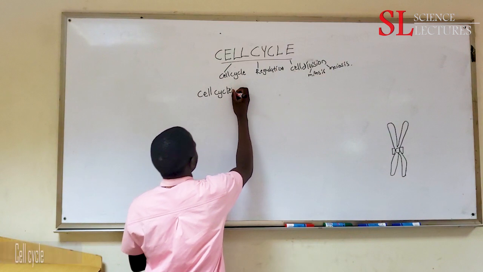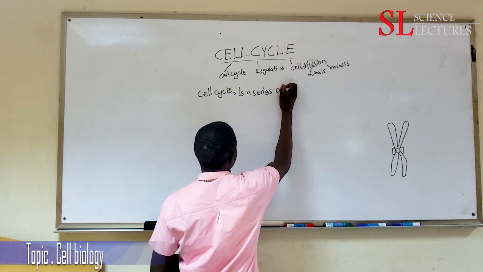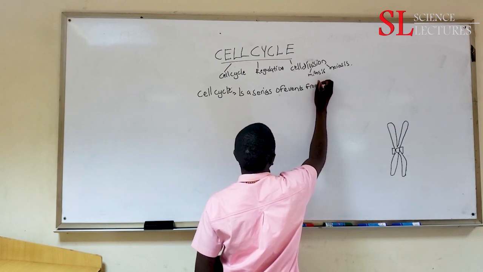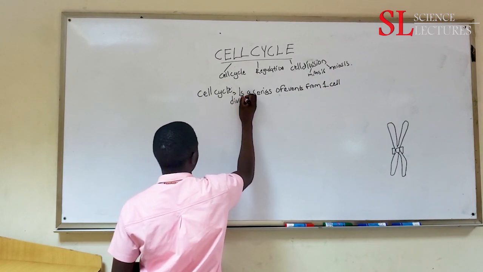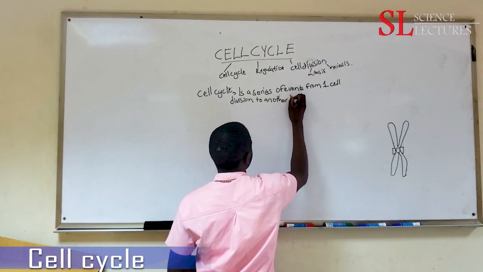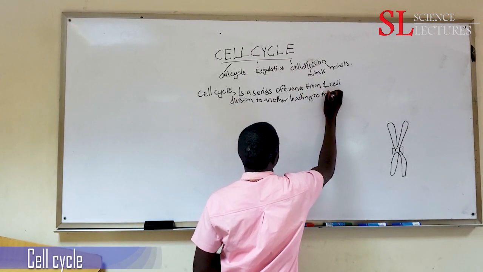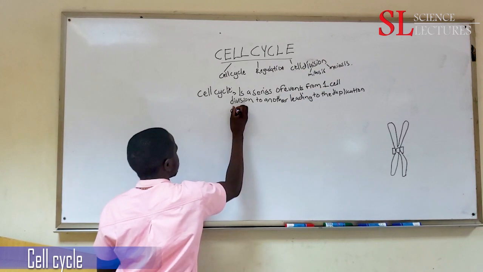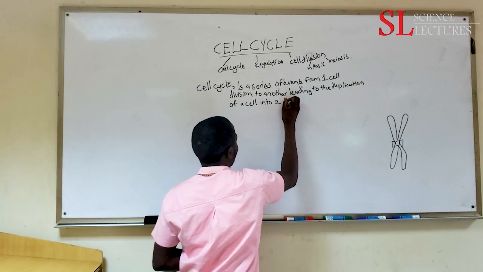The cell cycle is a series of events from one cell division to another, leading to the duplication of a cell into two daughter cells.